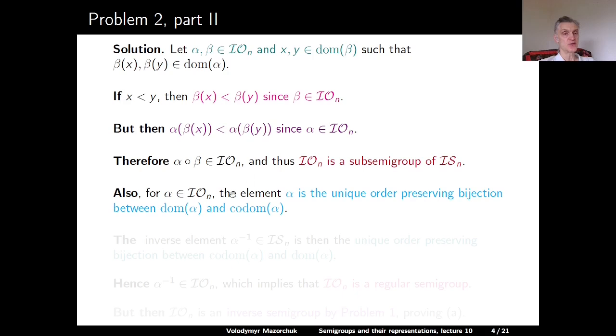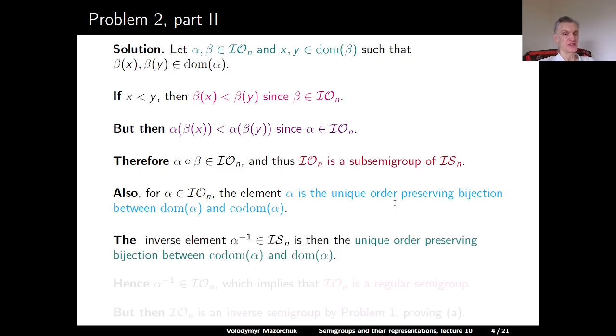Also, for any alpha in ION, the element alpha is the unique order-preserving bijection from the domain of alpha to the codomain of alpha. And then the inverse element alpha inverse, which exists in ISN, is also the unique order-preserving bijection from the codomain of alpha to the domain of alpha.